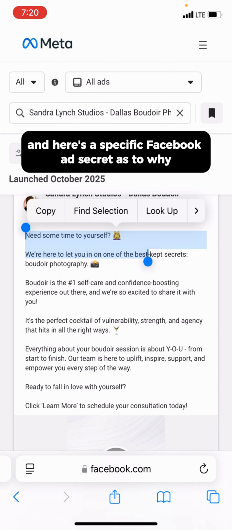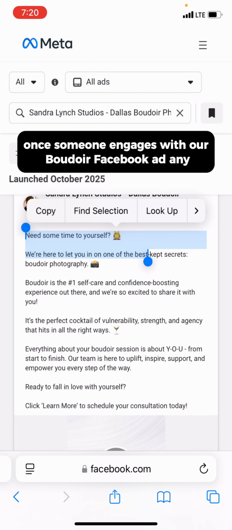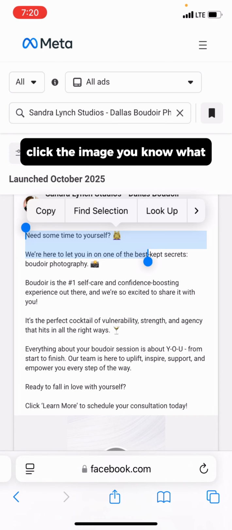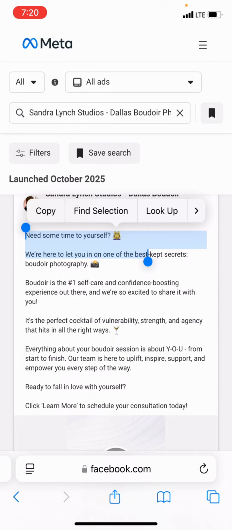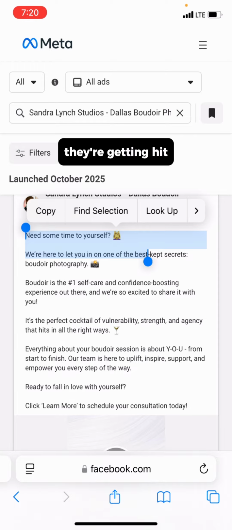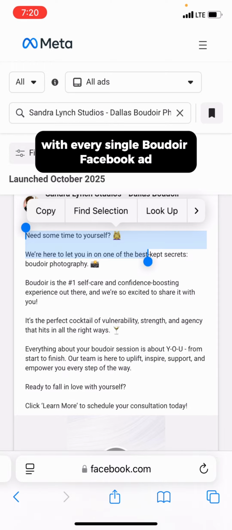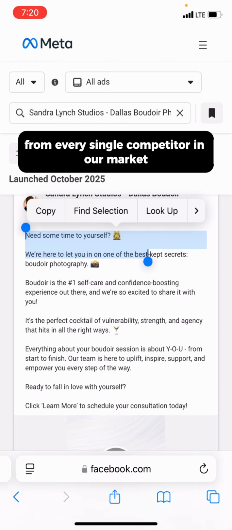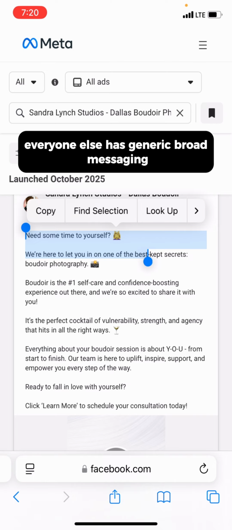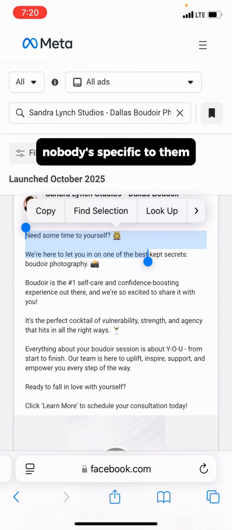And here's a specific Facebook ad secret as to why. Once someone engages with our boudoir Facebook ad, any which way, click on see more, click the link, click the image, watch the video, dude, literally the next 24 hours, they're getting hit with every single boudoir Facebook ad from every single competitor in our market. And guess what? Everyone else has generic broad messaging, nobody specific to them.